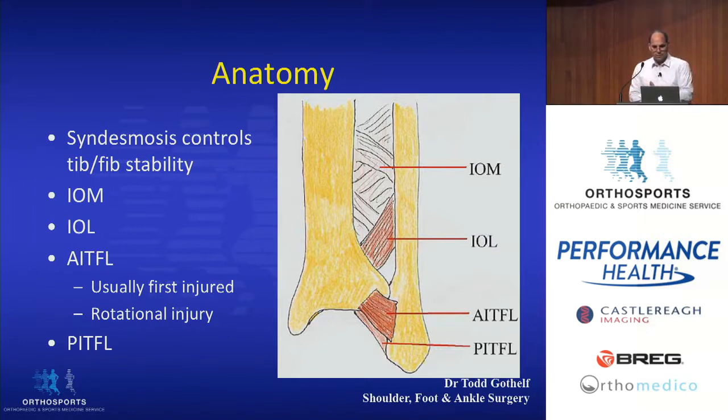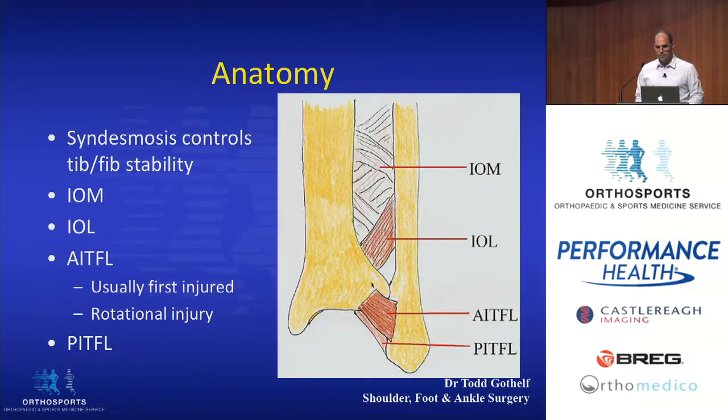The most important structures are the AITFL, the anterior inferior tib-fib ligament, which is usually the first one to rupture when the ankle twists in an external rotation injury. The posterior inferior tib-fib ligament is the PITFL. And then up here we have the interosseous ligament and the interosseous membrane that holds the two aspects together.